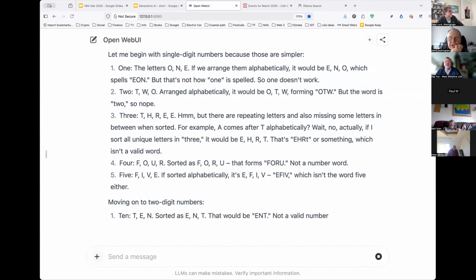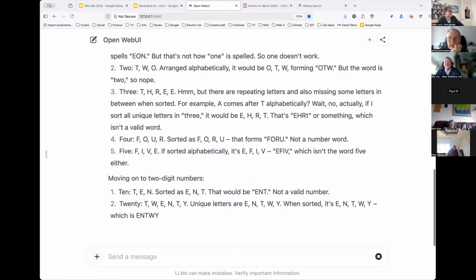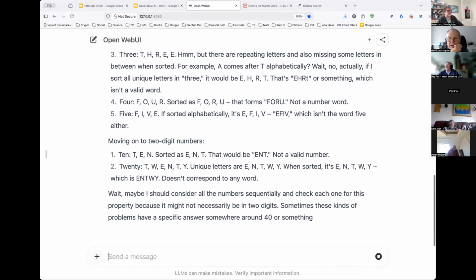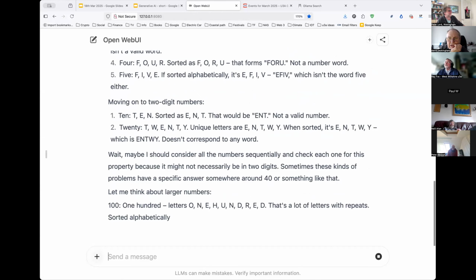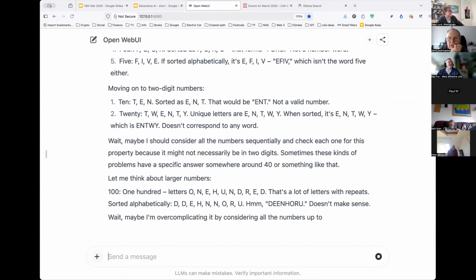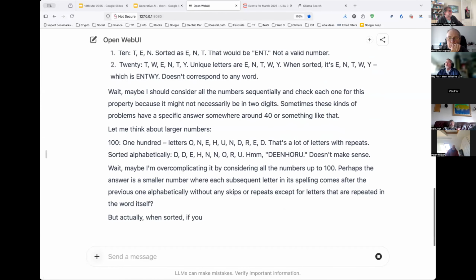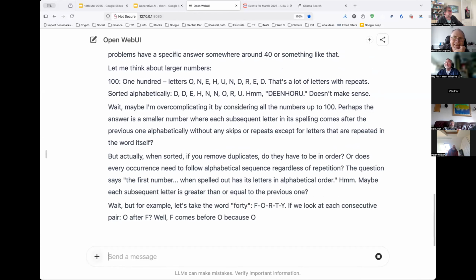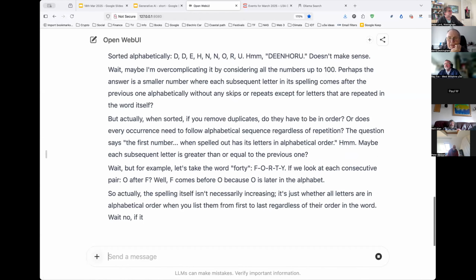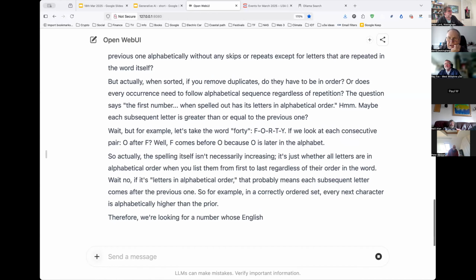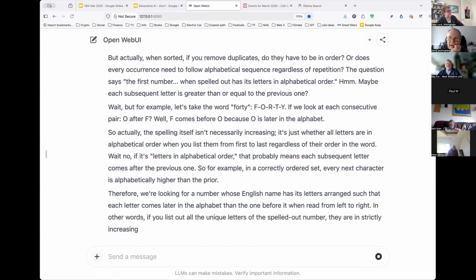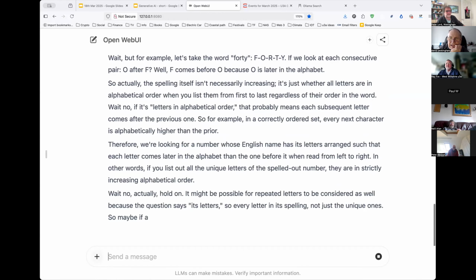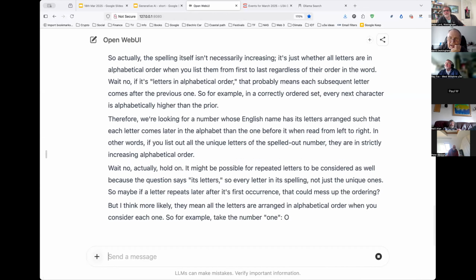Oh boy, it's doing every number. Sorry, I was going to say, doesn't Perplexity Pro do something like this? Probably, yeah. Oh, hang on. It's got the answer. One of the problems I found with DeepSeek, particularly the small models, is they can go on forever.